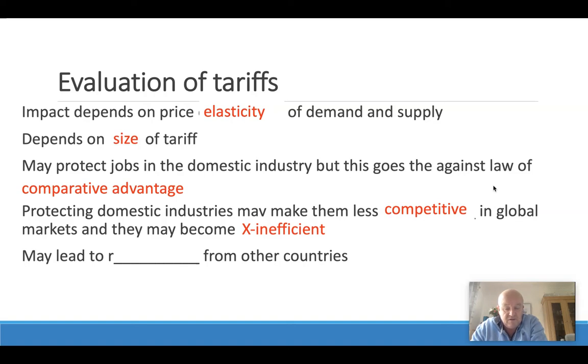The only other issue to bear in mind, particularly as far as tariffs are concerned, is that if you start applying them, then there's a danger that others will retaliate. So other countries may choose to retaliate as a result. So that's something to bear in mind. So hopefully you understand the principles of how you demonstrate the application of a tariff, and that's quite an important diagram to be able to remember, but also evaluating how effective tariffs may be, and some of the issues around using them.